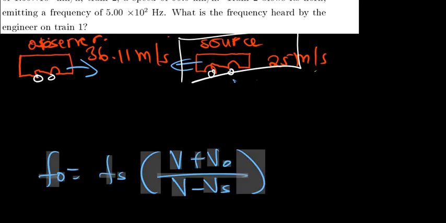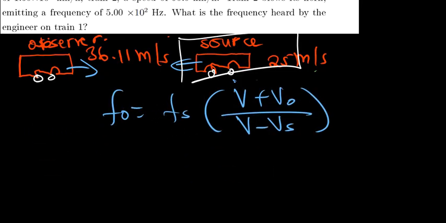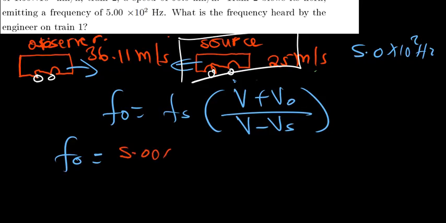So I can plug in the values now that I know them. I'm trying to find this. We have been given the frequency of the source, because it's the one being emitted, which is 5.00 times 10 to the power 2 hertz. I want to find the frequency of the observer. So the frequency of the observer will be equal to 5.00 times 10 to the power 2, open brackets.